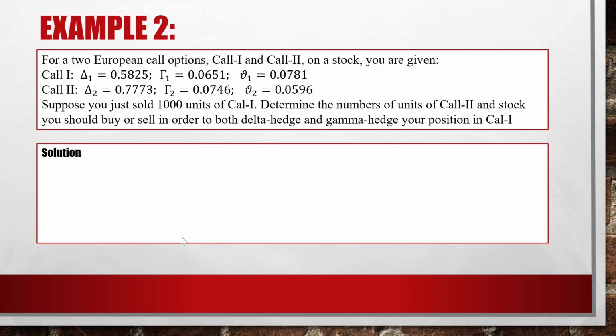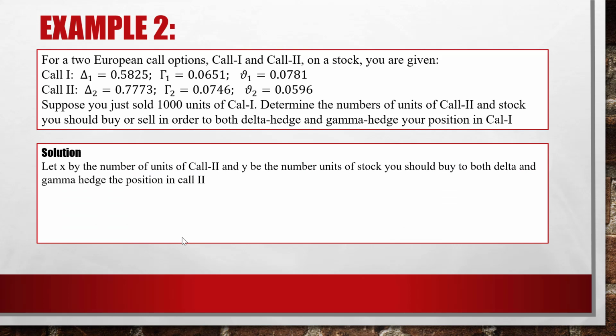Remember that when you sell, it's negative, and when you buy, it's positive. So let's say X is the number of units of call 2, and Y is the number of units of stock you should buy. So they should be on the positive side, and the 1,000 units that we sold of call 1 should be on the negative side.